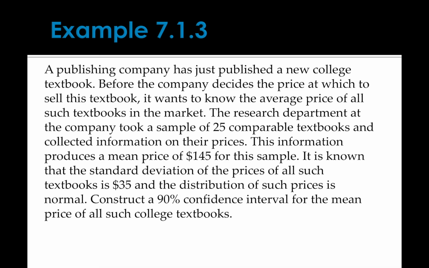This information produces a mean price of $145 for this sample. It is known that the standard deviation of the prices of all such textbooks is $35, and the distribution of such prices is normal. Construct a 90% confidence interval for the mean price of all such college textbooks.